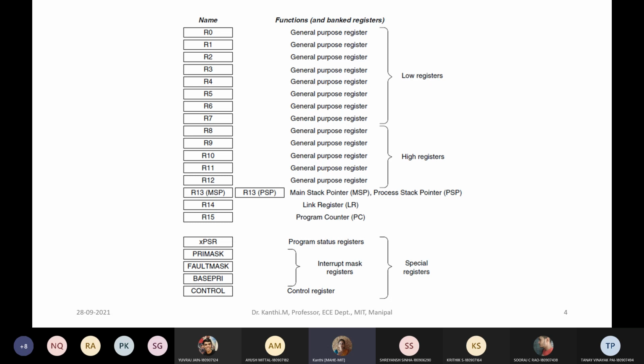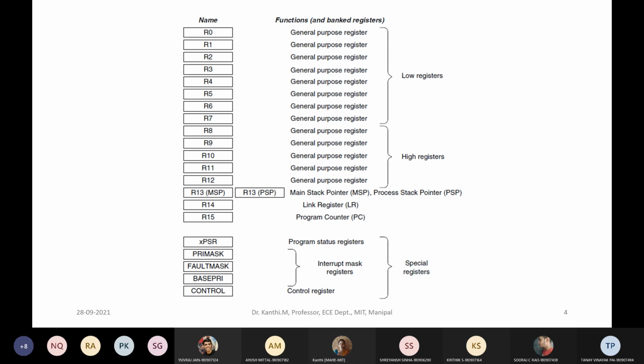So this is the register structure, which we can see: R0 to R15 divided as low registers and high registers. We have the stack pointer; we have got 2 here. As you can notice, we have a PSP, the process stack pointer, and another one.